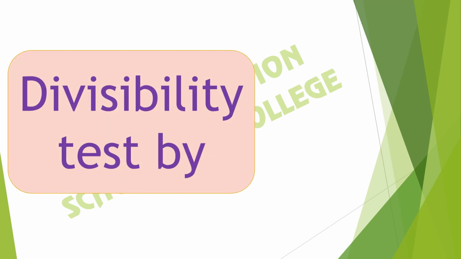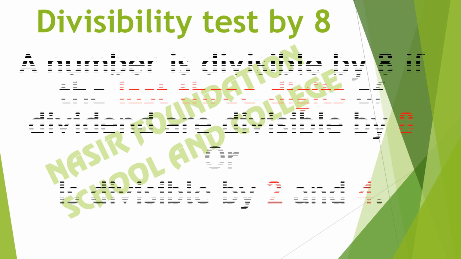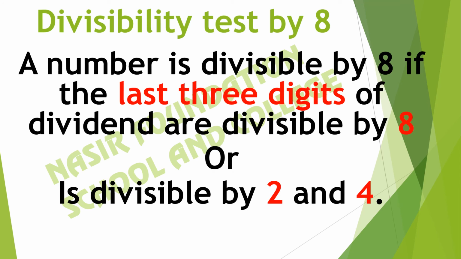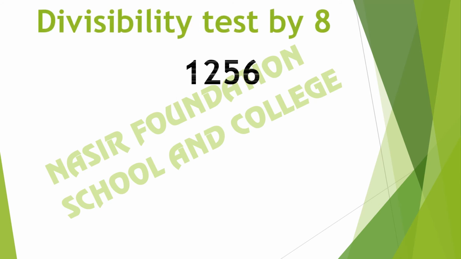Divisibility test by 8. A number is divisible by 8 if the last 3 digits of the dividend are divisible by 8, or the number is divisible by 2 and 4. Here we have the number 1256.